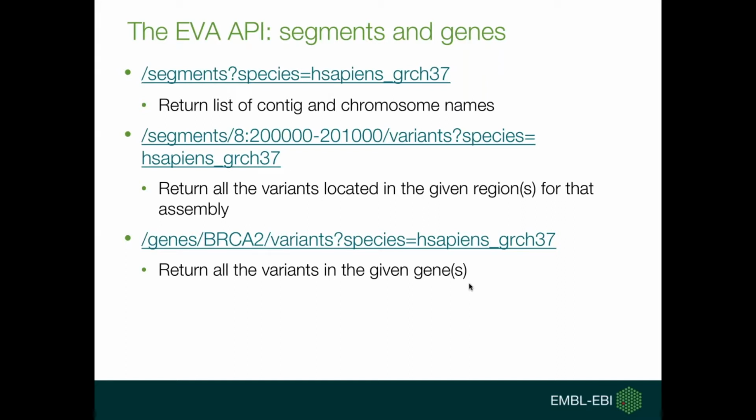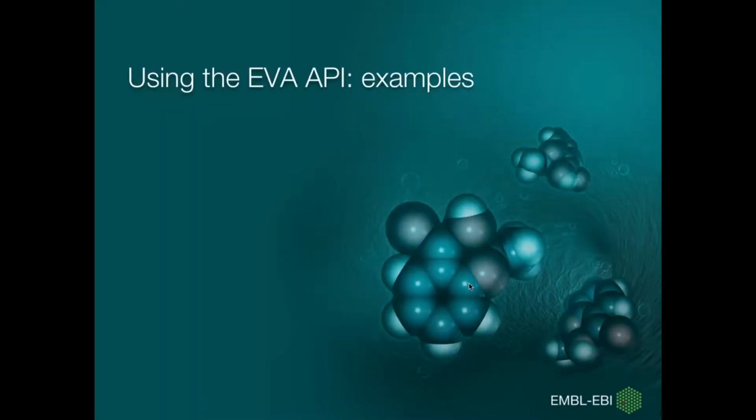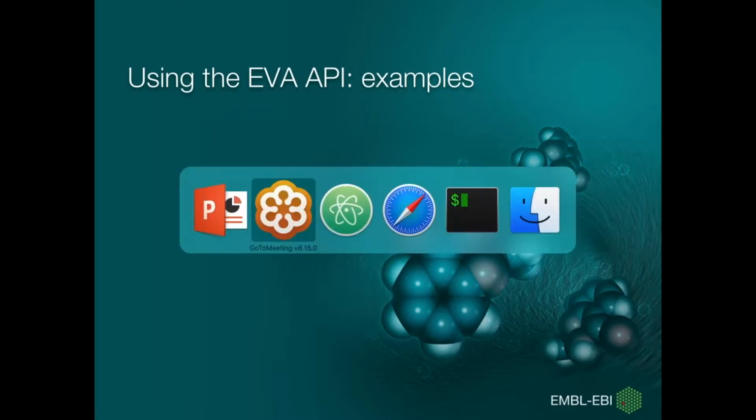Again, the model returned will be the same, and we can use all the filters specific to variants. All the other endpoints in our API are described in the help that is on our web. So I'm just going to go through some examples to see our API working.